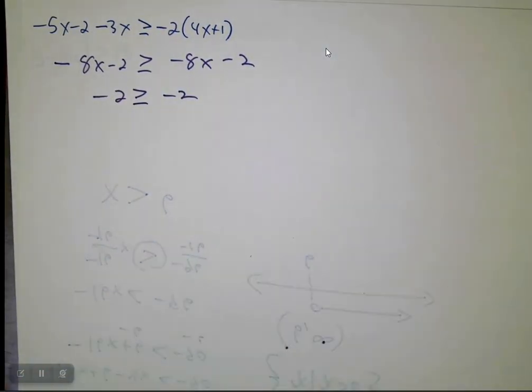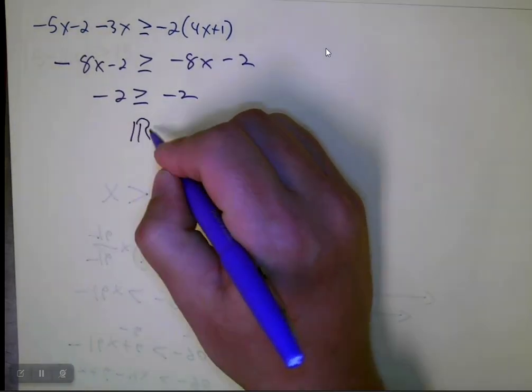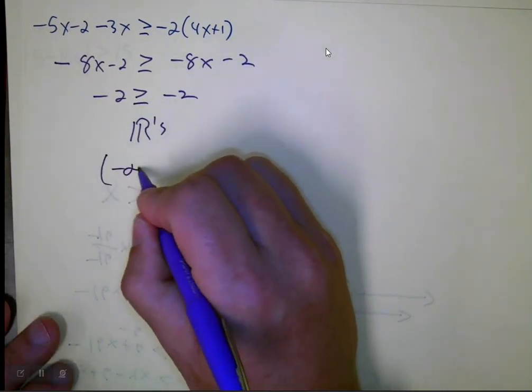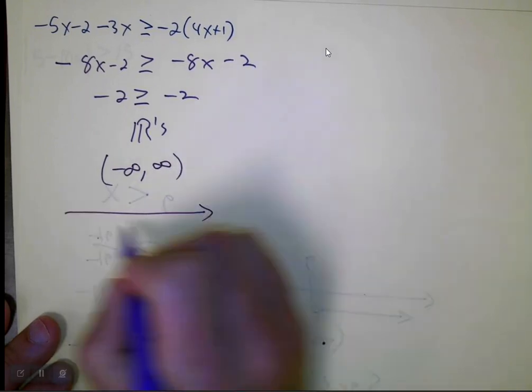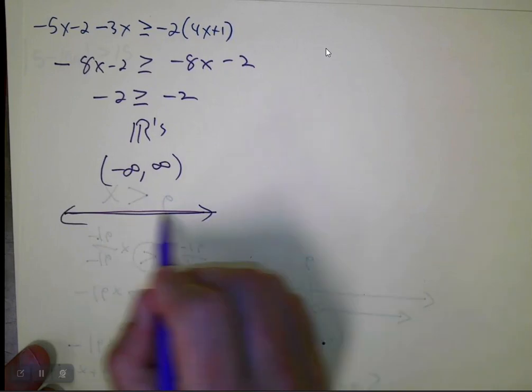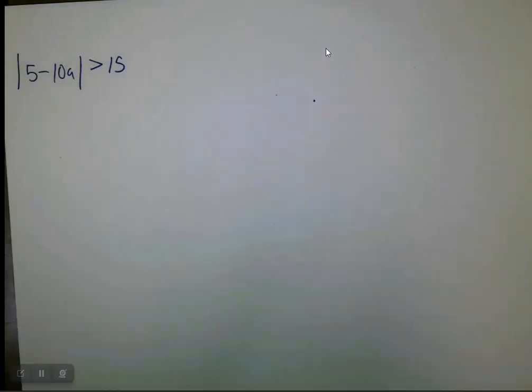That's weird. Well, that means that you have all real solutions. And then the interval notation is going to be negative infinity to infinity. And your graph is just going to be this. Literally just everything. Well, that was interesting, right?